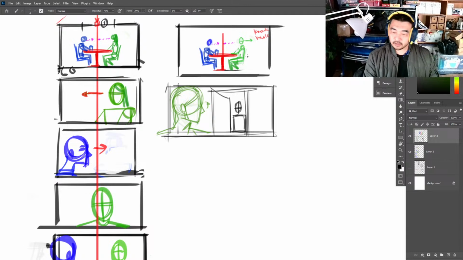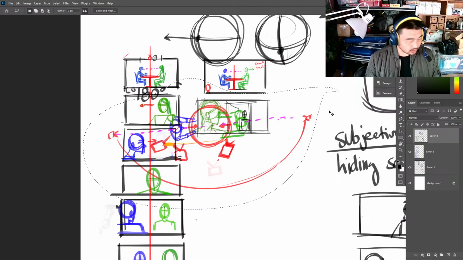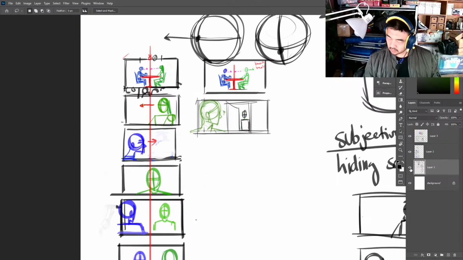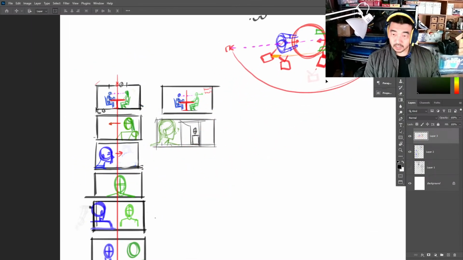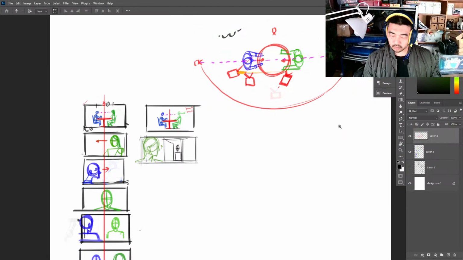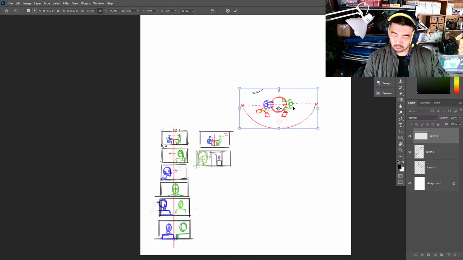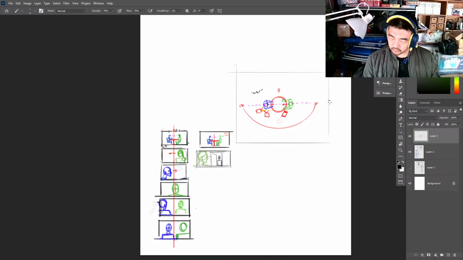So here's one way of switching the line of action. Right here is our 180-degree rule, or our little top-down diagram. And let's say they're in a room and there's a door right here, which there's never a door in the center of the room like this, but it's okay.